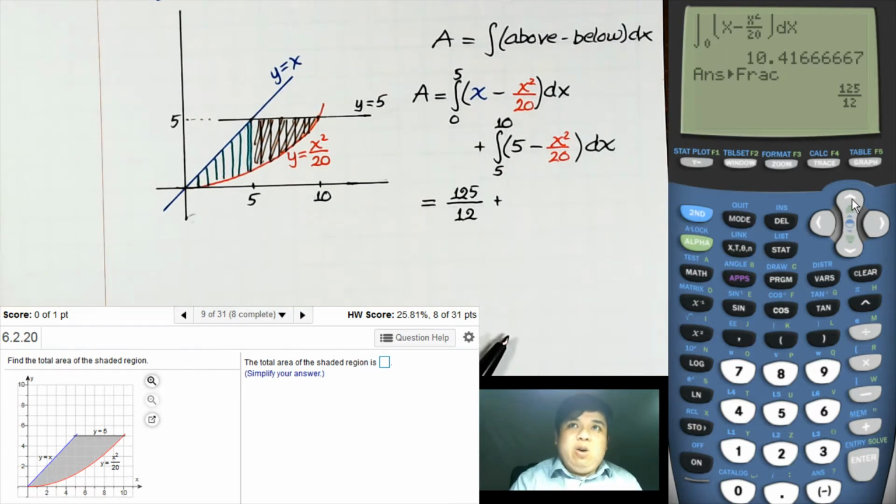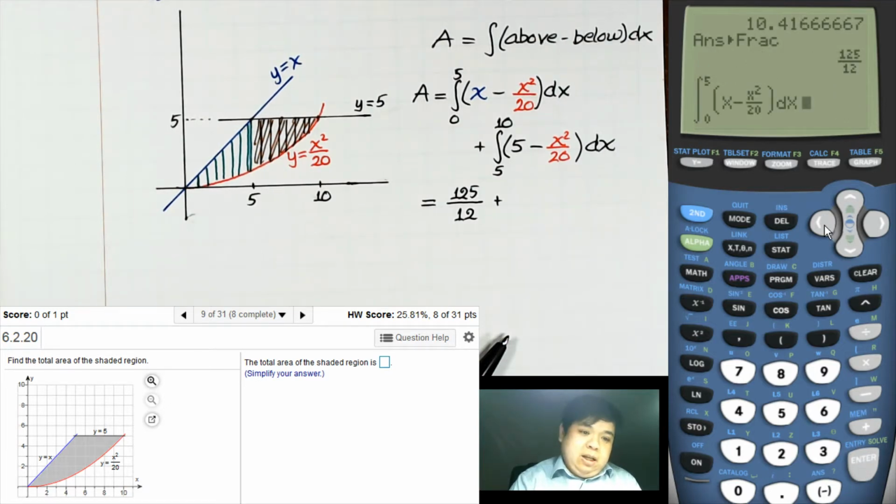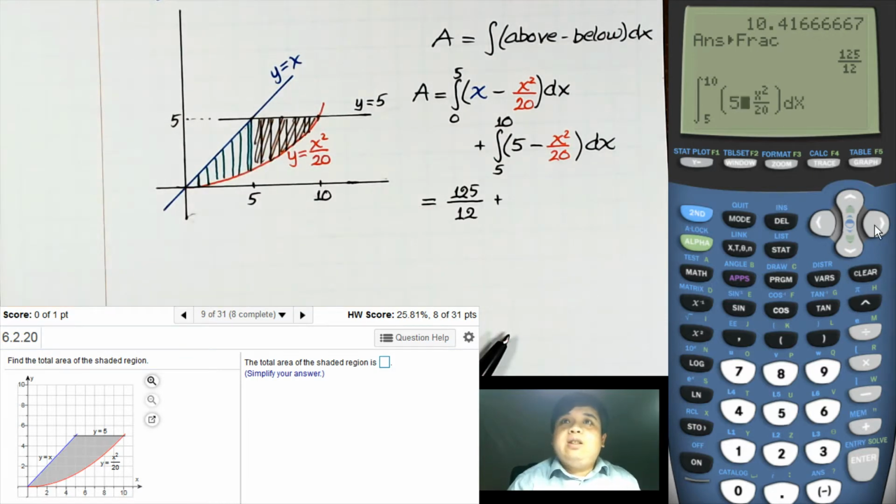And then of course the other integral does not change too much. So same thing, hit enter, copy and paste, and we go from 5 to 10. Instead of x, it's going to be 5, and the rest stay the same.